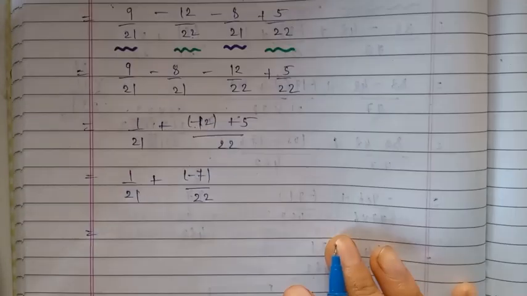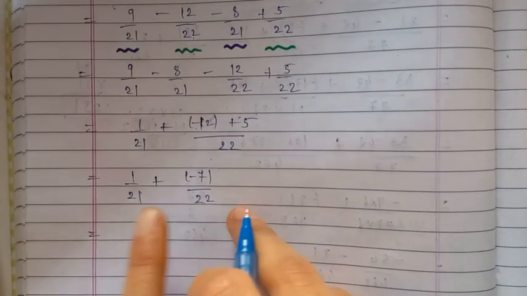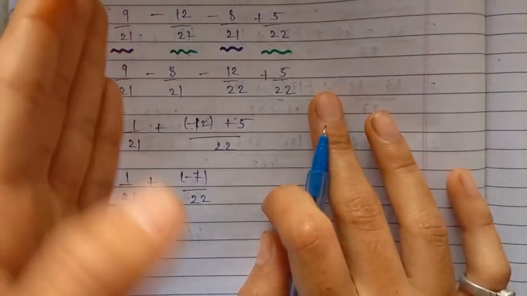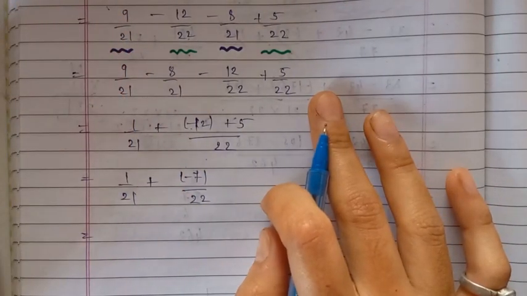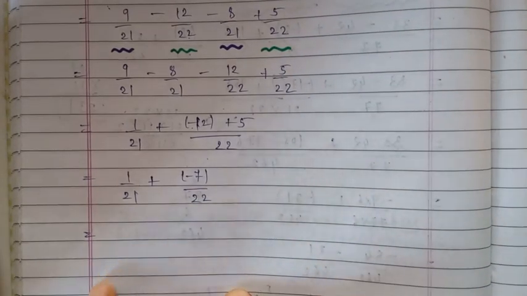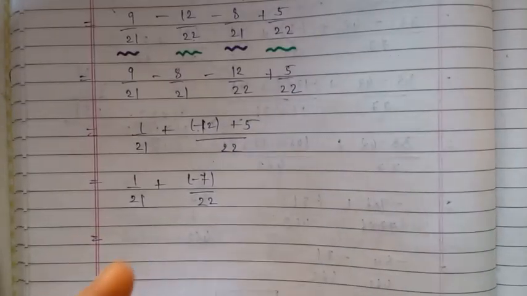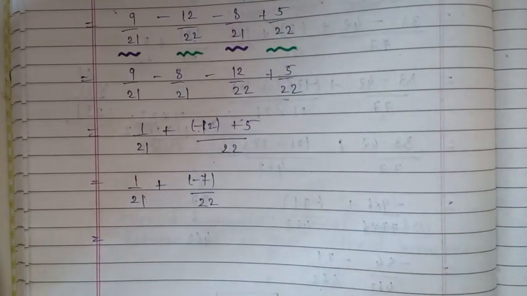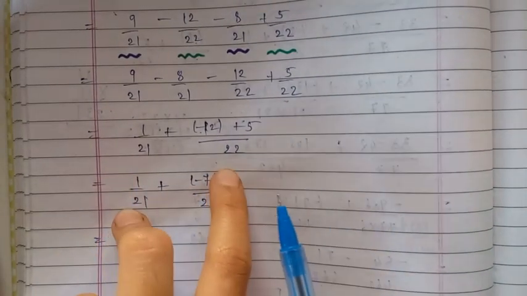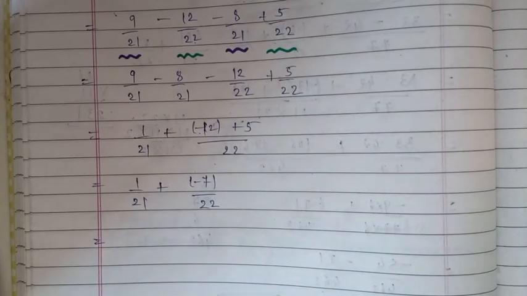And here you can't convert 21 into 22 and 22 into 21, as we did previously at the start of the sum. For that we either have to take the LCM or we can do cross product. Here we do cross product because the multiplication of these denominators and numerators looks simple.